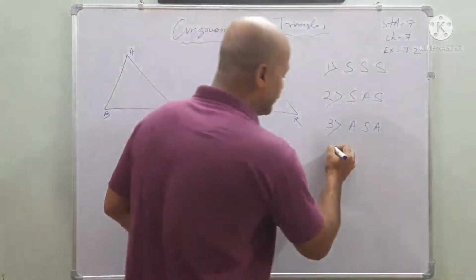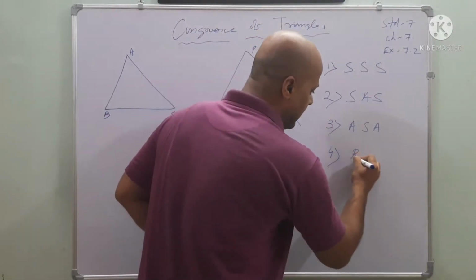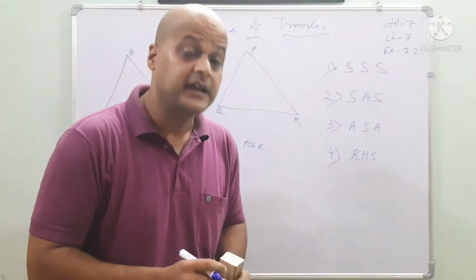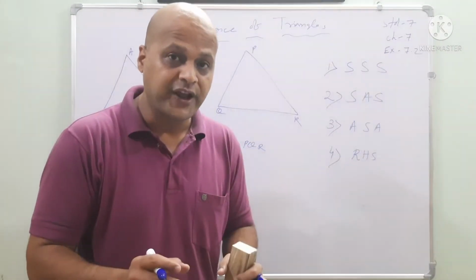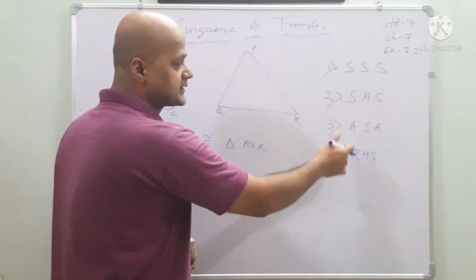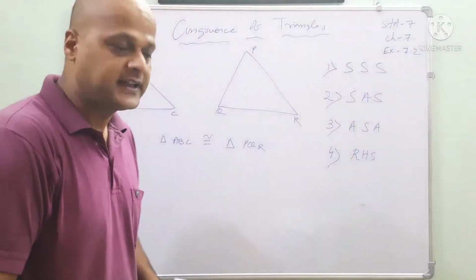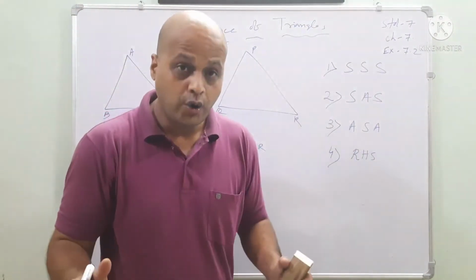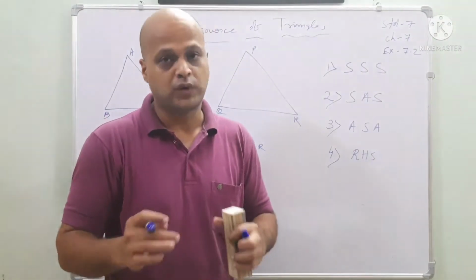And the fourth one is the RHS rule, that is right angle hypotenuse side rule. By using these four rules we can say that two triangles are congruent with each other. How? Let's discuss one by one.